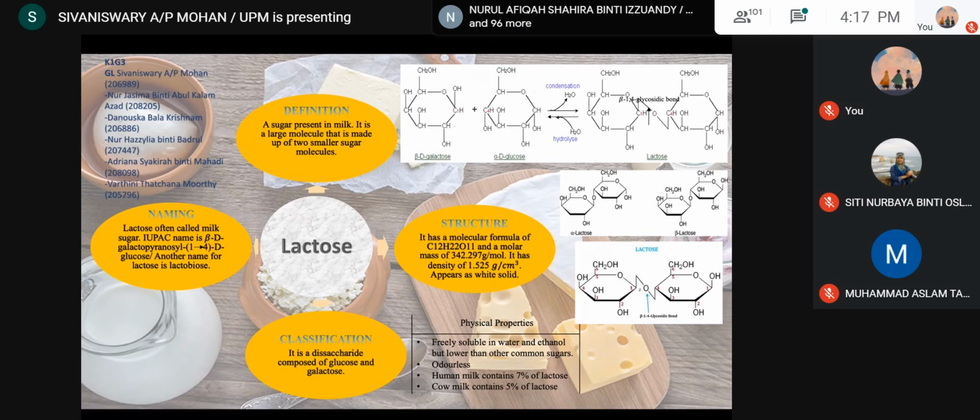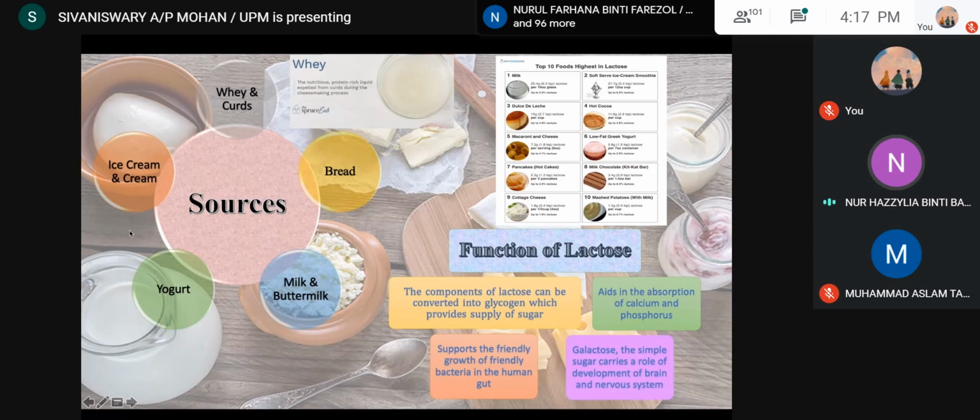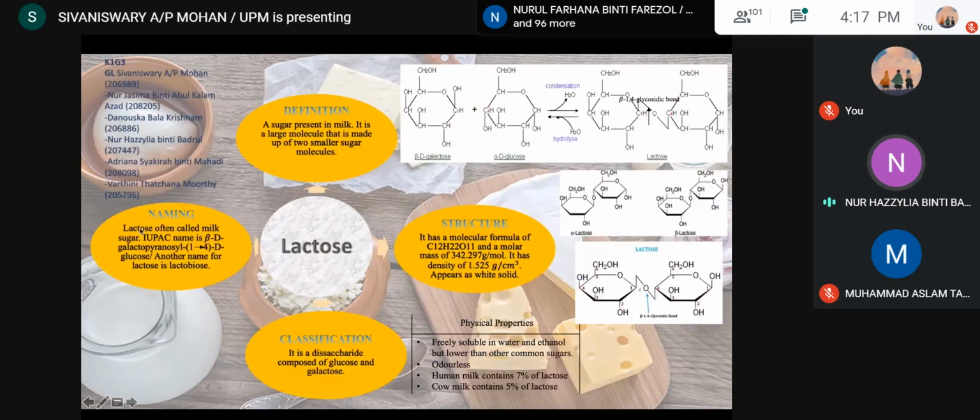For the lactose, it is called milk sugar because the word lac comes from the Latin word which means milk, and the suffix -ose is used to name sugars, so it is directly called milk sugar.